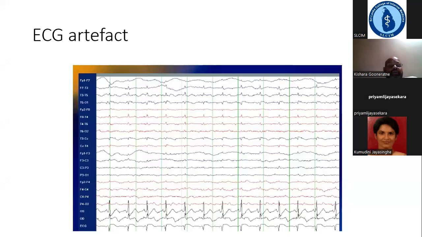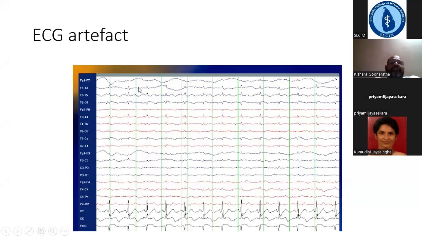So you can see that the sharp waves that occur periodically, which is occurring at 1 Hertz, this is not CJD, right? This is actually ECG artifact.